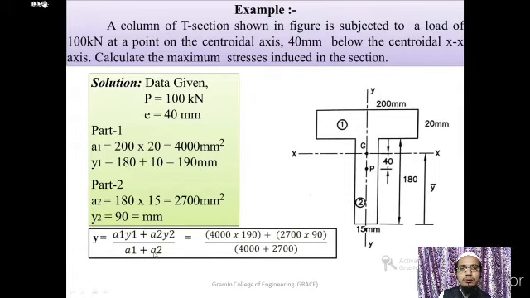So by using the calculator, we get the answer as y bar equals 149.70 mm. Okay, everyone got this answer? So note it down fast.